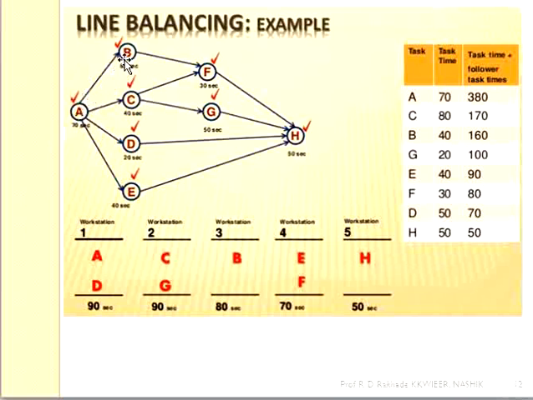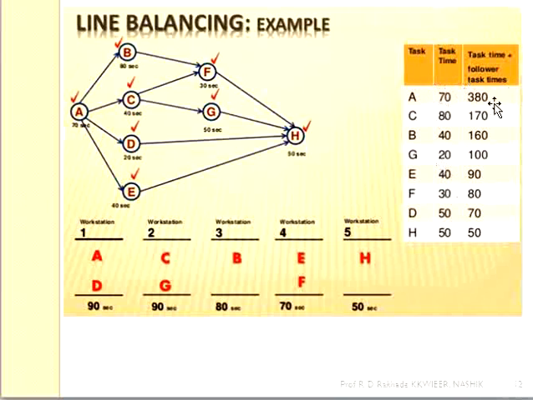A plus B, no, then C, no, then D, okay, then E, then after fulfillment we consider B, then F, like that. So the workstations are A, D; then 2 CG; 3 B; 4 EF; and 5 H. The summation is not more than 90.